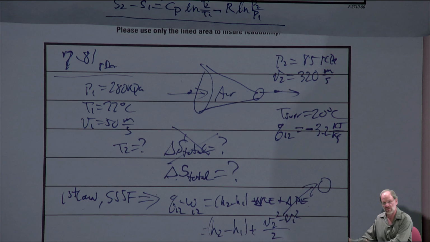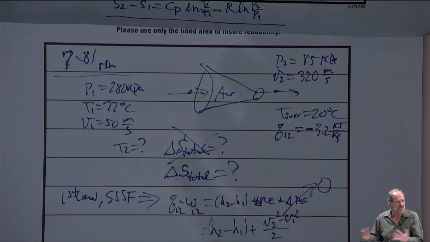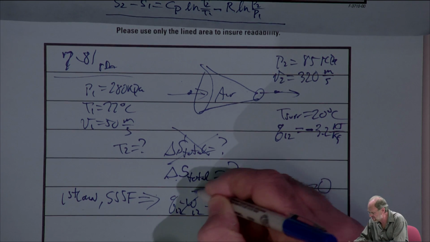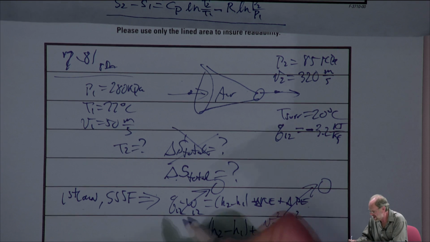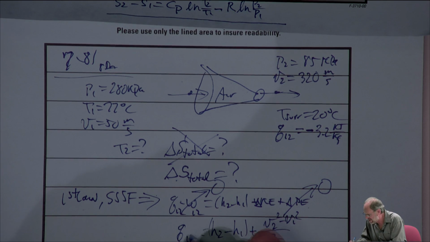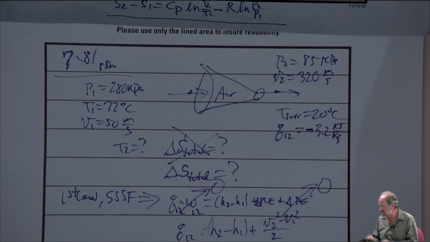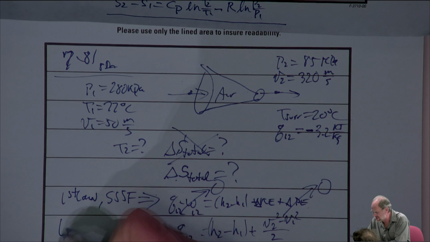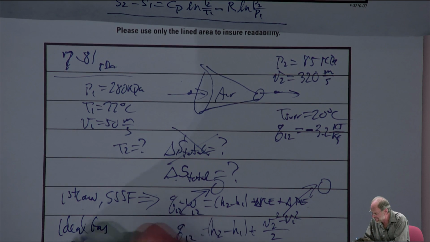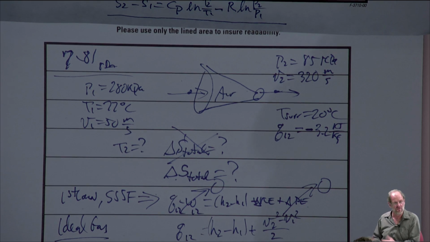I might also note that it's a nozzle, it's a passive device, so there's clearly no work associated with this problem. So that goes to 0, and we end up with then heat transfer equals a change in enthalpy plus change in kinetic energy. Let's further note that we're talking about an ideal gas. The only method we have to solve these problems are ideal gas methods, right? It's not a real gas.